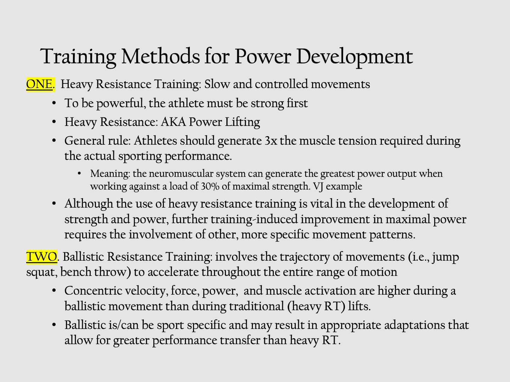So the general rule, athletes should be able to generate 3 times the muscle tension required during the sporting performance, meaning the neuromuscular system can generate the greatest amount of power when it's working against 30% of maximal load.